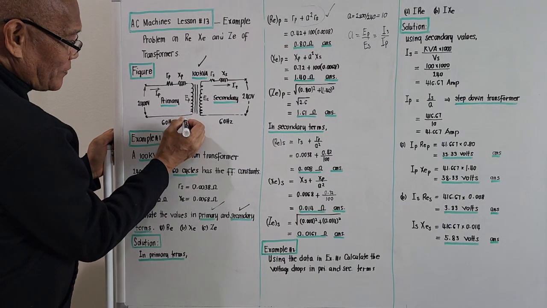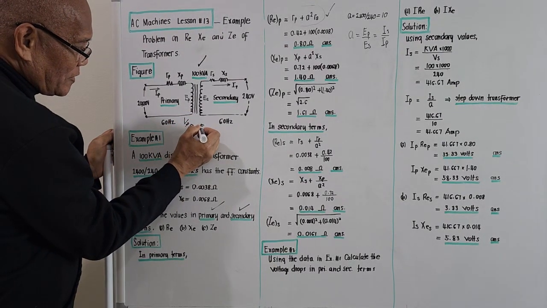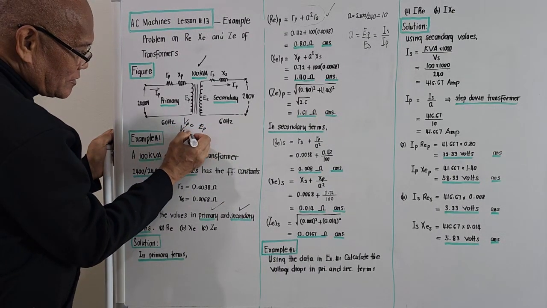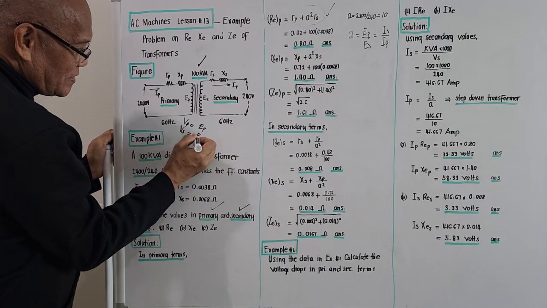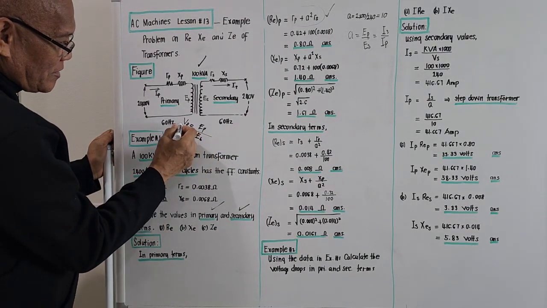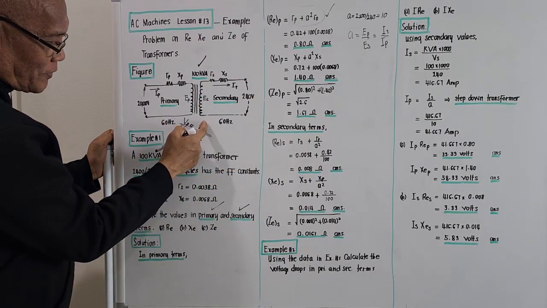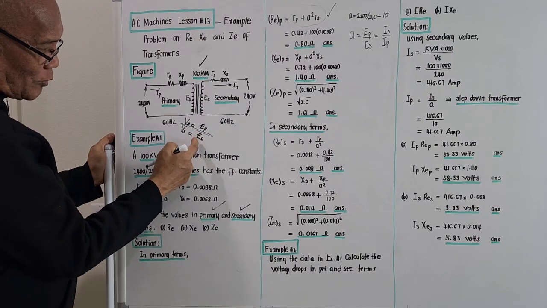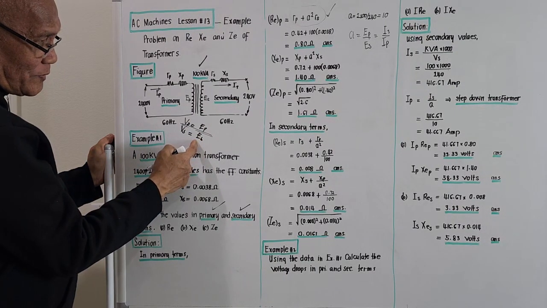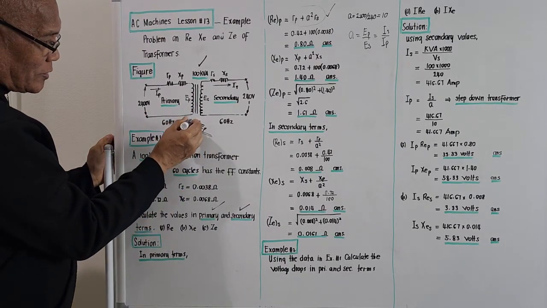Assume for the meantime that V sub P is equal to E sub P and V sub S is equal to E sub S. Right? So by definition, ratio of transformation is the induced voltage on the primary over the induced voltage on the secondary. But since E sub P and E sub S are not given, we will equate these two values.